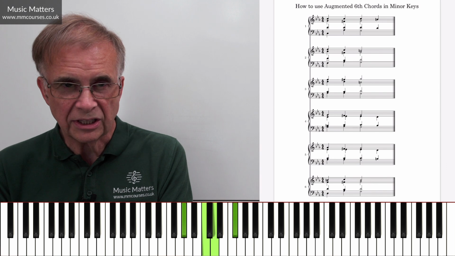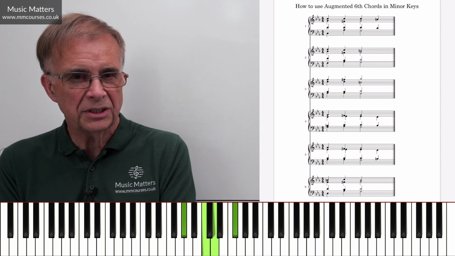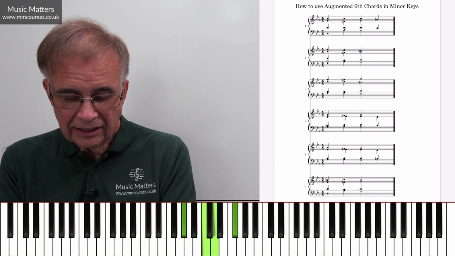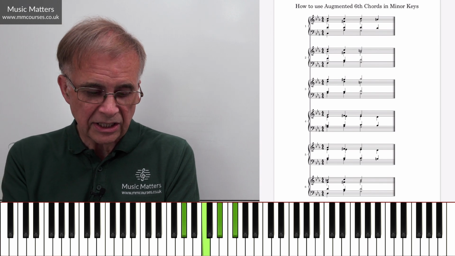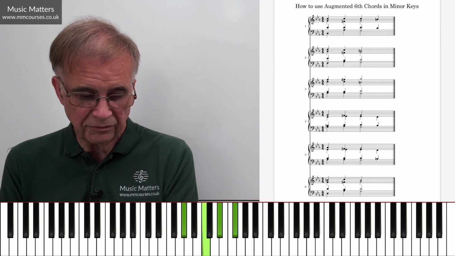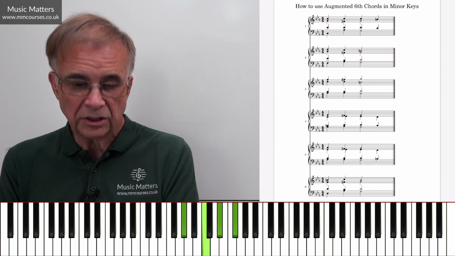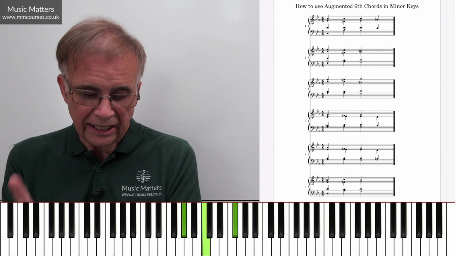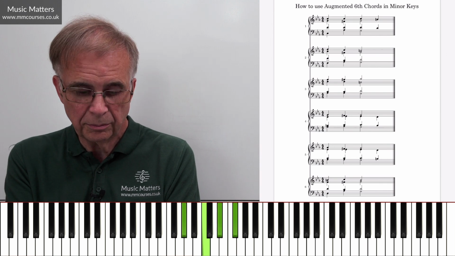That's a French 6th. Okay, now if I want to have a German 6th instead of a French 6th, instead of that D, I can have an E flat, and the E flat is a perfect 5th above the bottom note. So A flat at the bottom, F sharp at the top, C in the middle, and now E flat, because it's a perfect 5th above the A flat at the bottom.